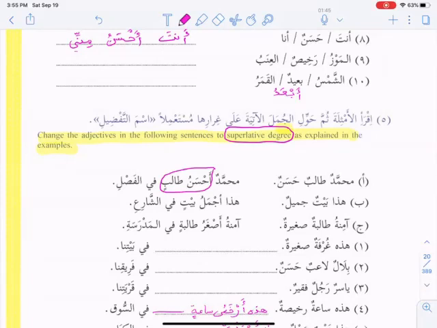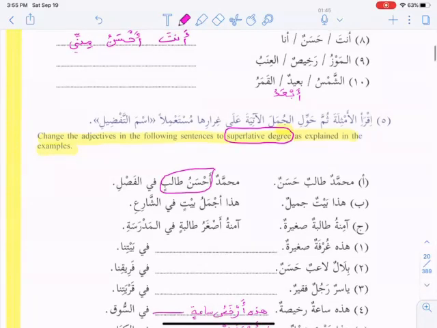Did you get the idea? This is the most beautiful house in the street. Muhammad is the best student. Aminatu talibatun sagiratun. Aminatu askaru talibatin, the youngest student fil madrasati.